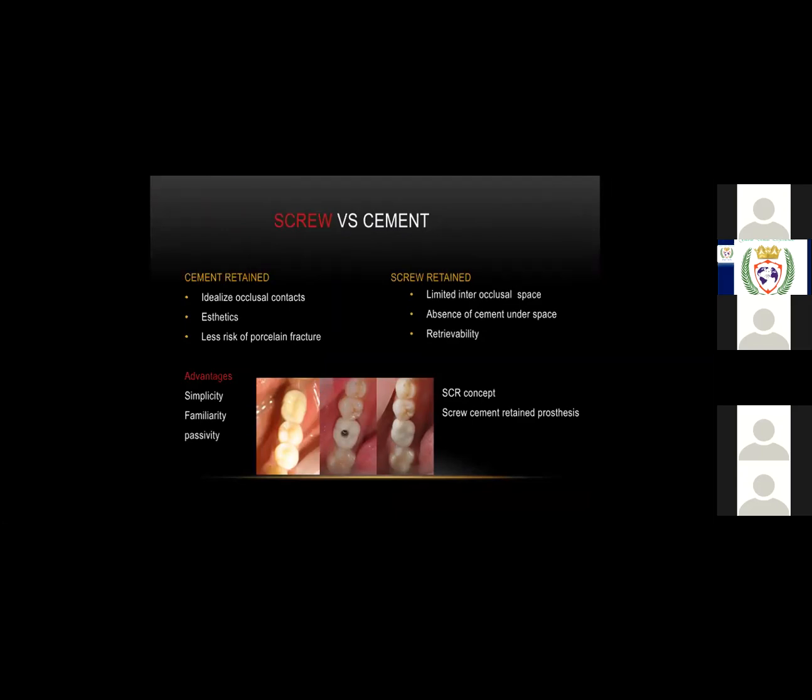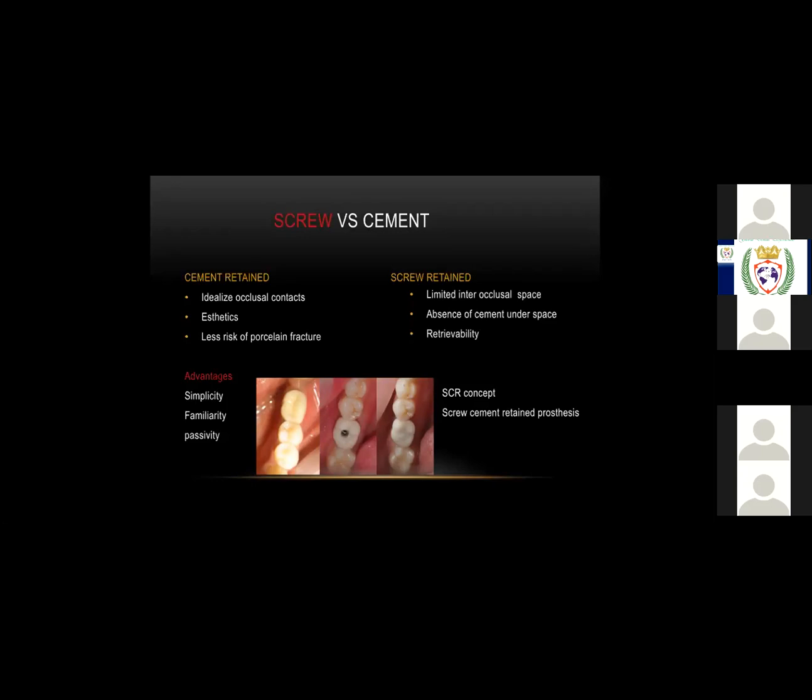Cement retained crowns idealize occlusal contacts because the complete occlusal surface will be closed. They are good for aesthetics, especially in anteriors, and they have less risk of porcelain fracture. And the biggest advantage is simplicity, because all of us know how to do the cementation, we know how to adjust the occlusion, and familiarity is there, passivity is there, and things like that.